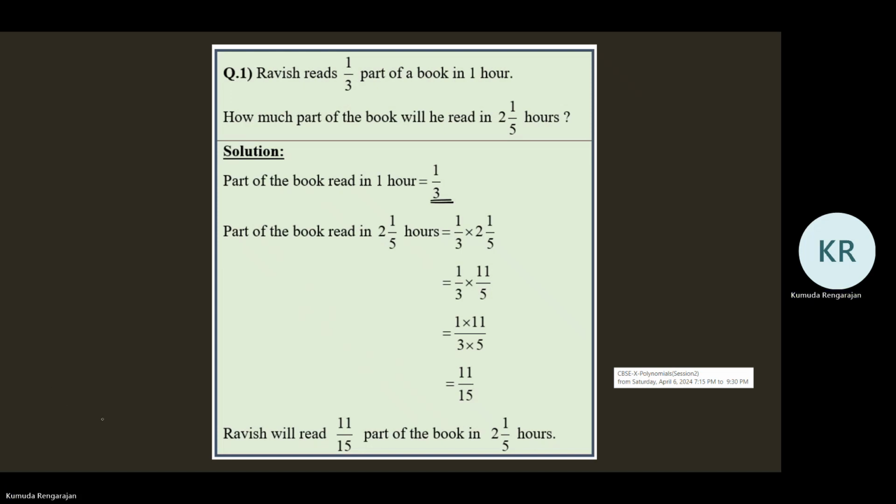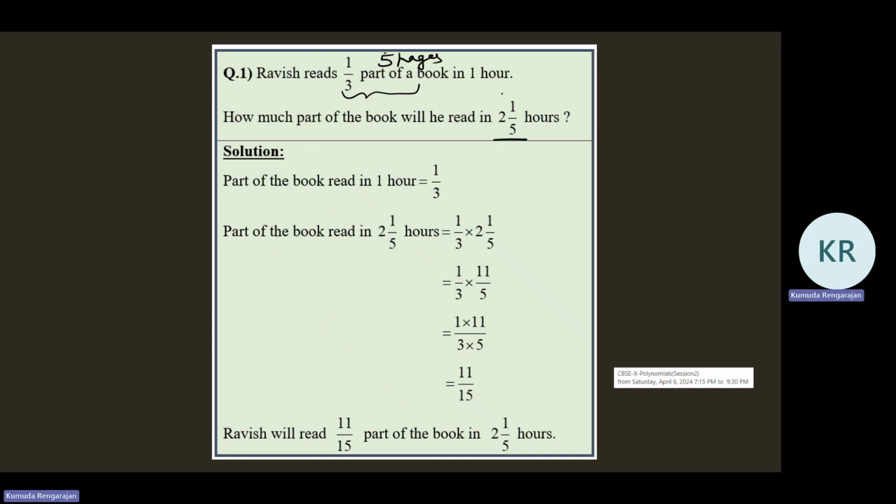See now, how do you notice multiplication? Just replace the fractions with natural numbers. Just replace this one with some natural number, say like 5 pages.